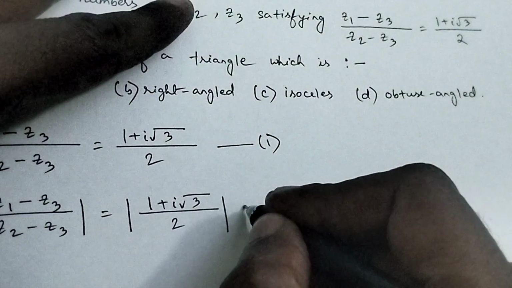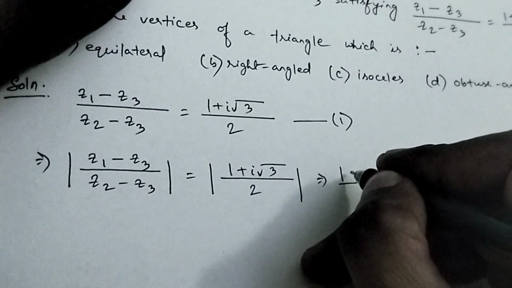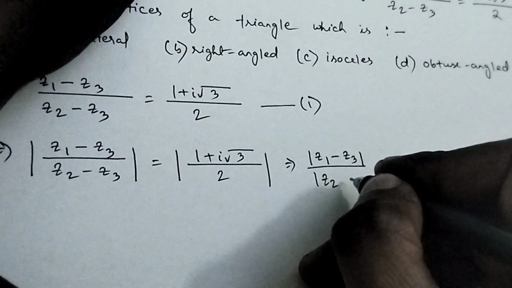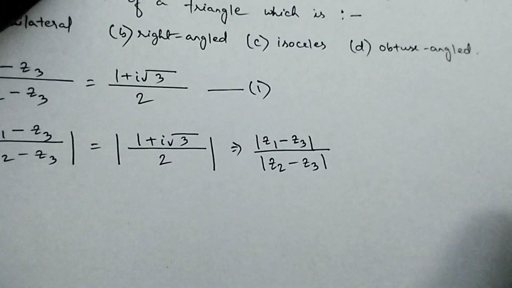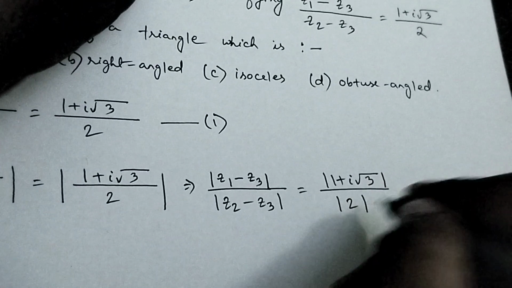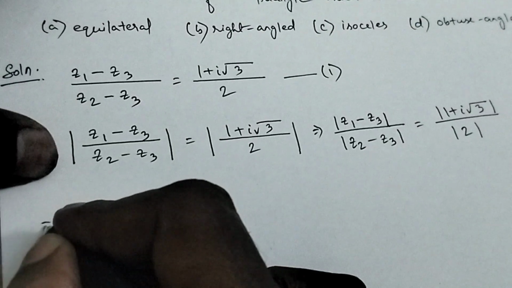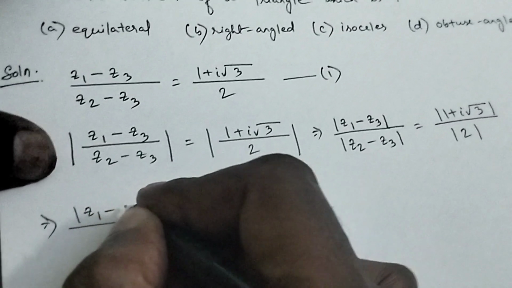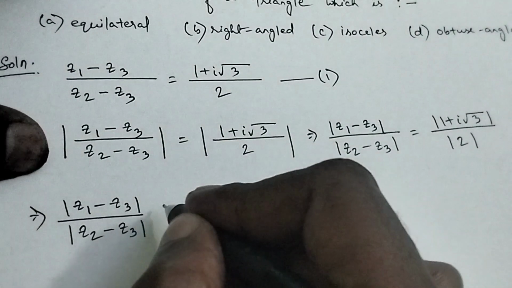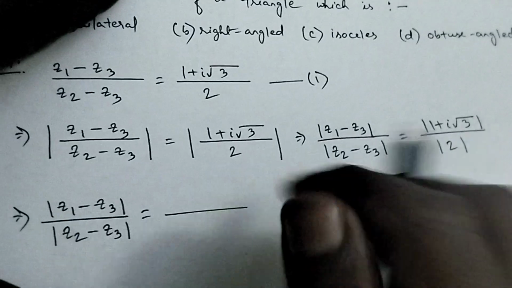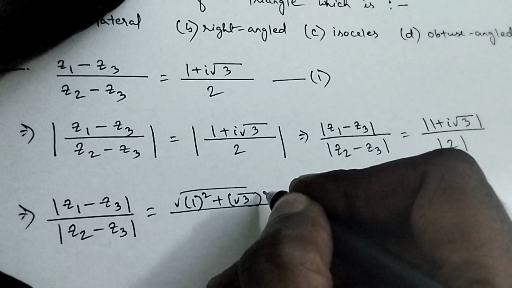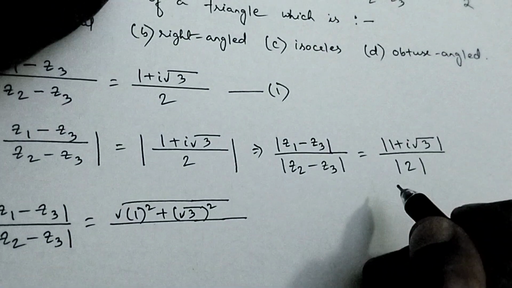Clear? So what will happen? This will be mod of (z1 minus z3) by mod of (z2 minus z3), and here it will be mod of (1 plus iota root 3) by mod of 2. The mod of 1 plus iota root 3 will be under root 1 square plus root 3 square, and mod of 2 is 2 only.